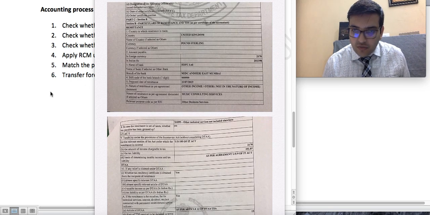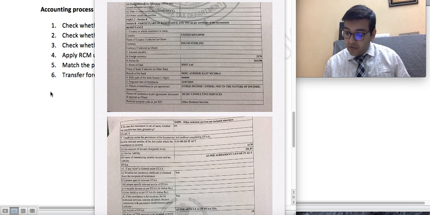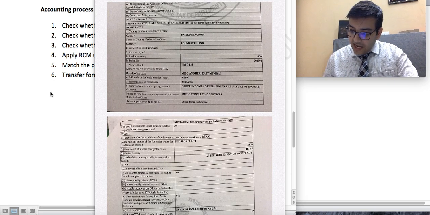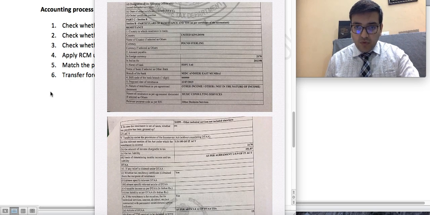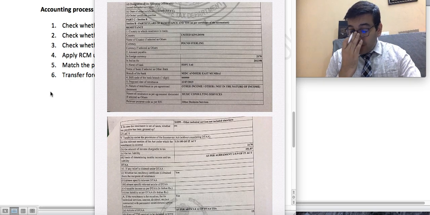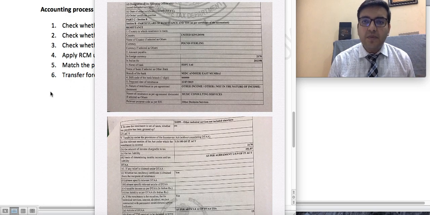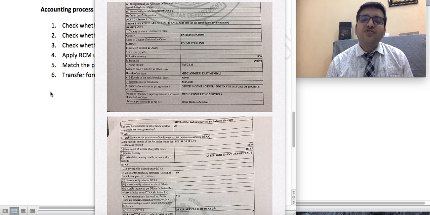How much is the amount? Same, 2,170 Great Britain pounds. What is it in Indian currency? Now see, the amount written over here is somewhat different. Why I have taken this example is because sometimes it happens that when you go for a 15CB, at that time the exchange rate is different.